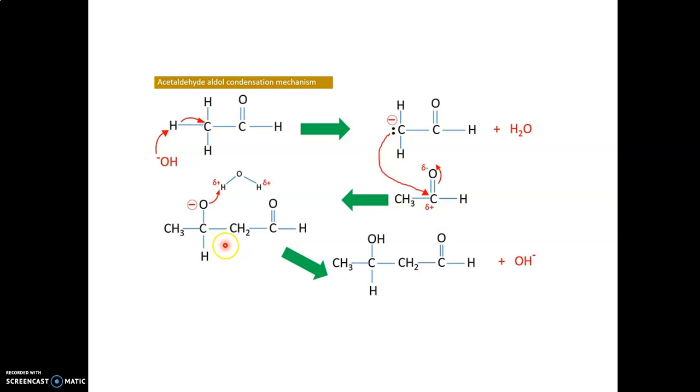To this intermediate, a proton is added, that is, protonation occurs, resulting in the formation of beta hydroxyaldehyde, which is an aldol, and this can further undergo dehydration, resulting in the formation of an unsaturated aldehyde, which is called the aldol condensation product. This is all about the aldol condensation. Thank you.